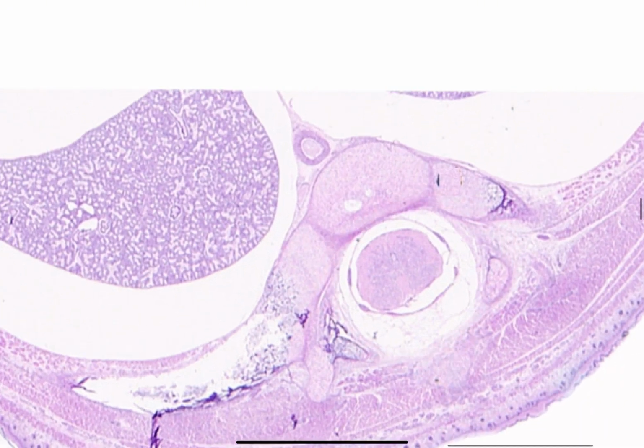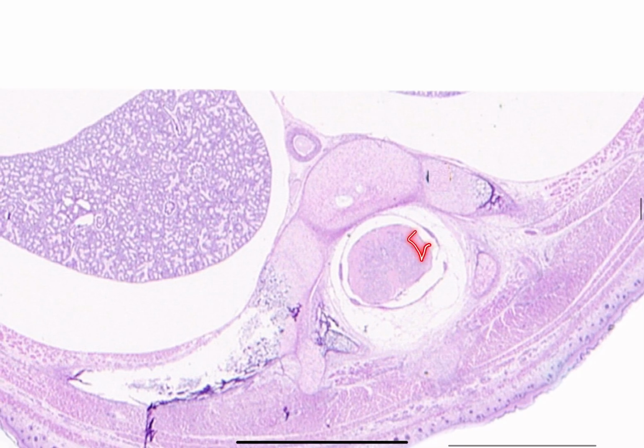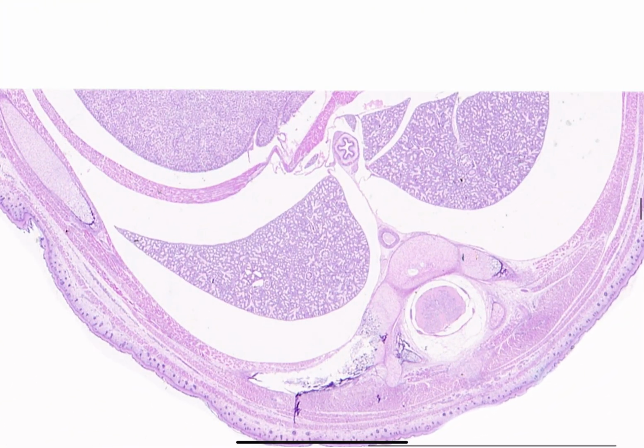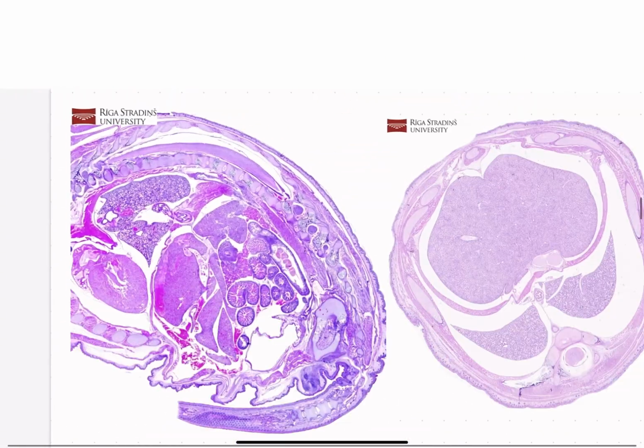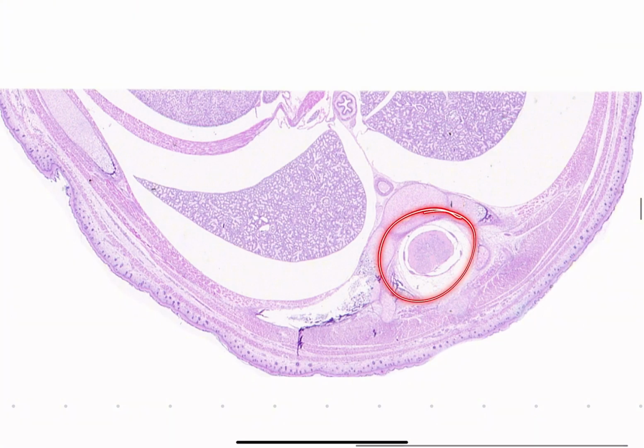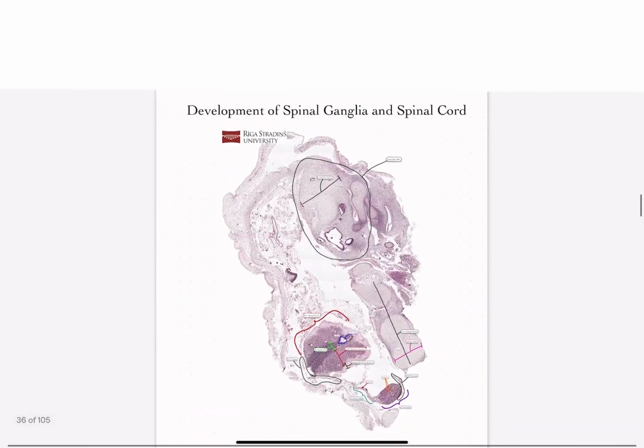The spinal cord has a lighter area known as the marginal zone, the darker area known as the mantle zone, and then here it's hard to see, but it is an opening, the neural canal, with a dark rim known as the ventricular zone. And then we have the surrounding tissue known as the pia mater. So again, the spinal cord might appear longitudinal like it does here, or it might appear transverse like it does here. It all depends on the slide.